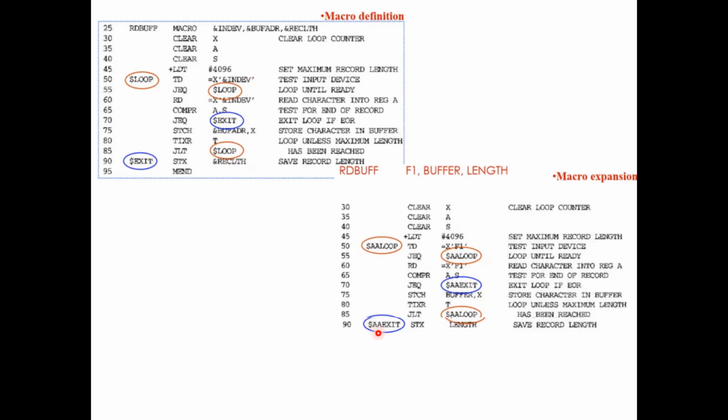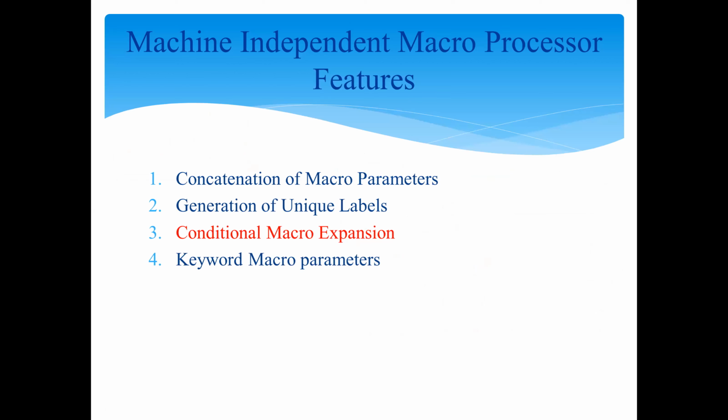That is not how it is implemented. For every label, you have to start with $AA only. I hope the unique labeling concept is clear. Now we'll move ahead with the next feature, which is conditional macro expansion.